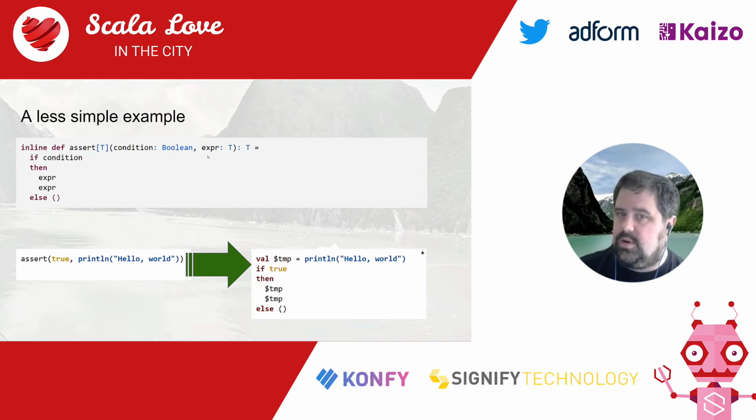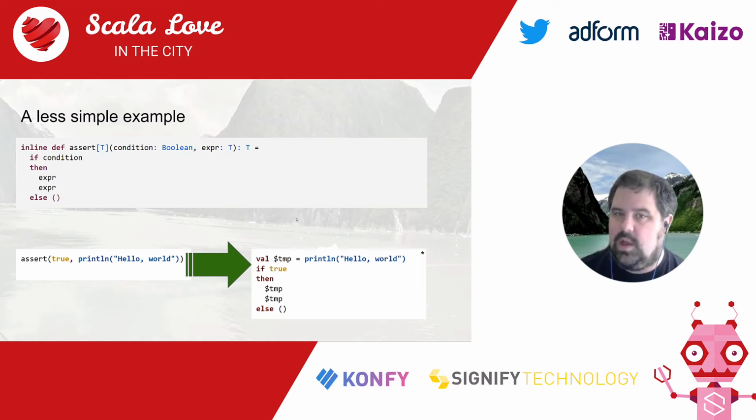And so you're not passing an expression of println, you're actually passing the value of the result of println, which would be unit. And so you're doing if true, then, unit. And this actually gets compiled down to just println hello world once, because of how everything shrinks. So that's not really what we wanted.